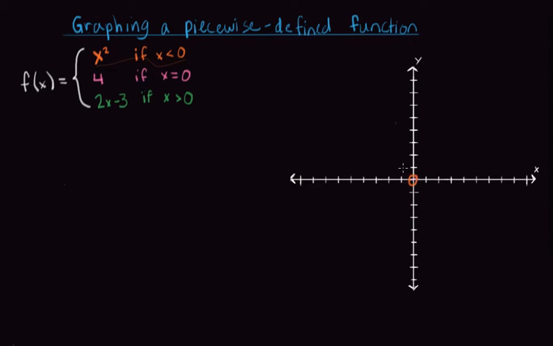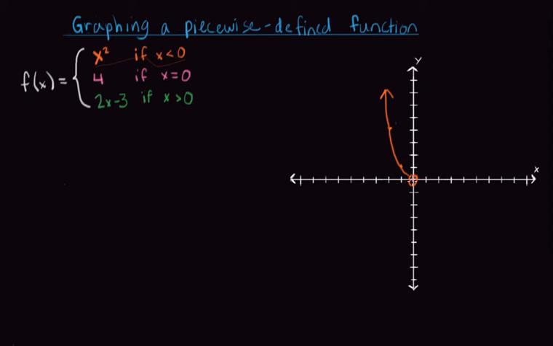Now negative 1 squared is 1, and negative 2 squared is 4, and this should look familiar from other parabolas that we've graphed. I'm going to do the best I can here. Okay, so this is x squared if x is less than 0.